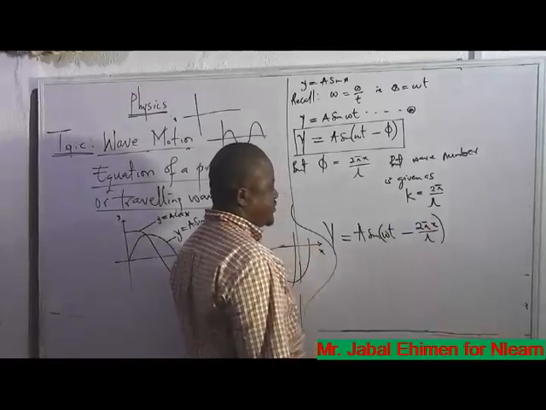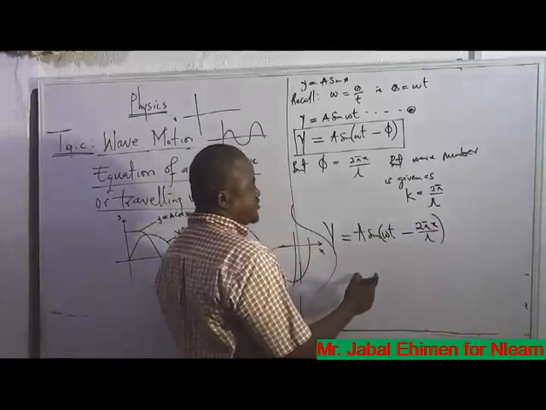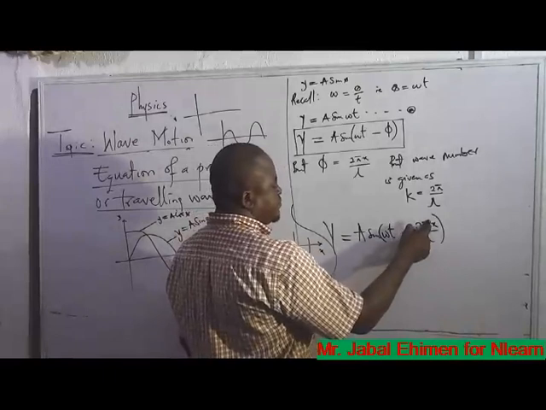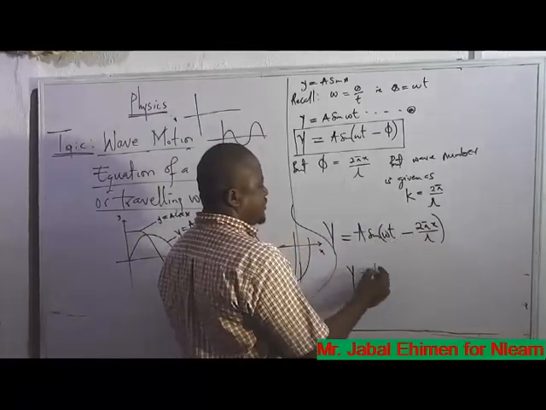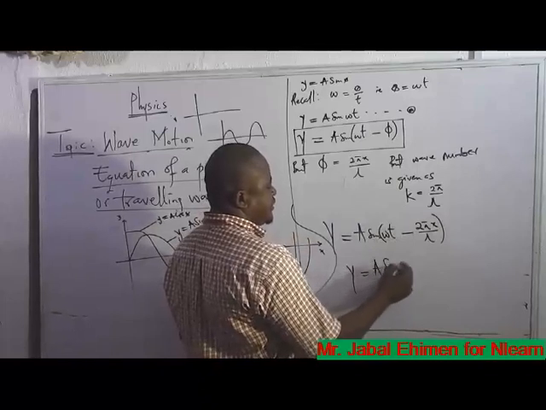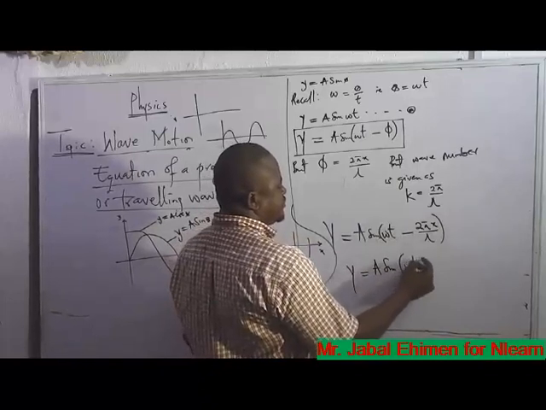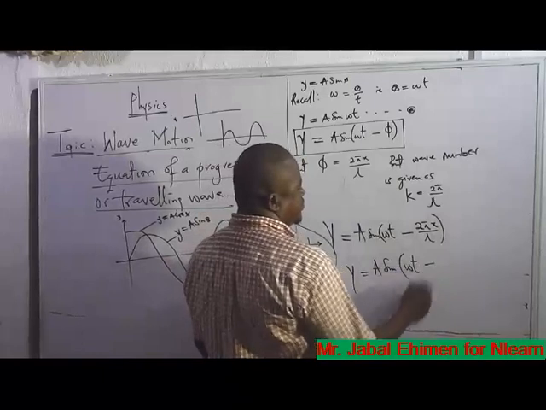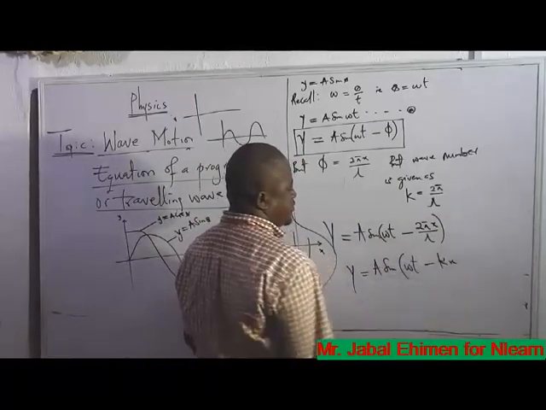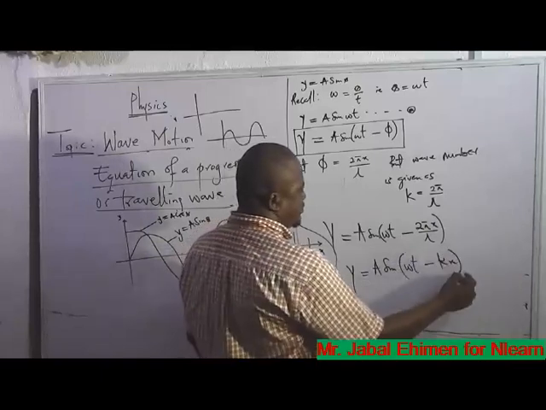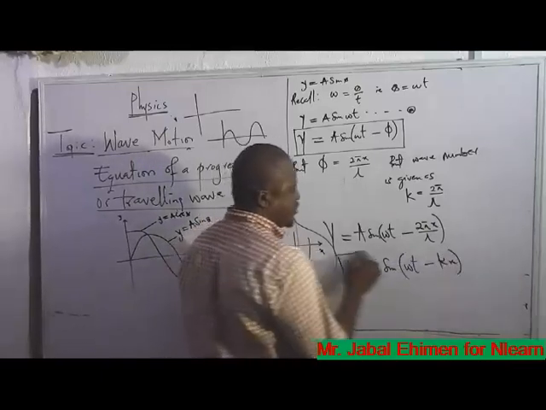That's my statement. But because this 2 pi over lambda itself is k, I can say y is A sine (angular velocity t minus kx). So this is a statement of its own.